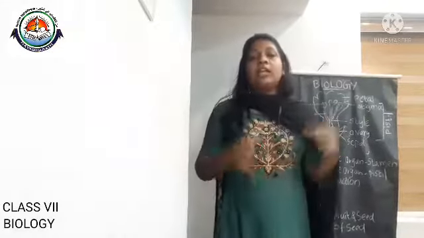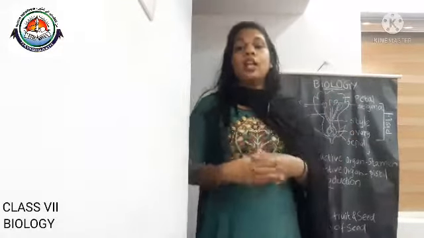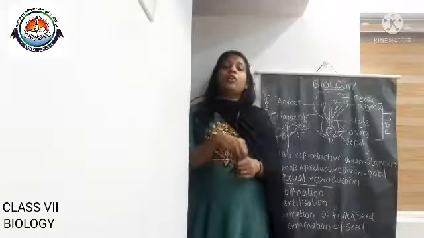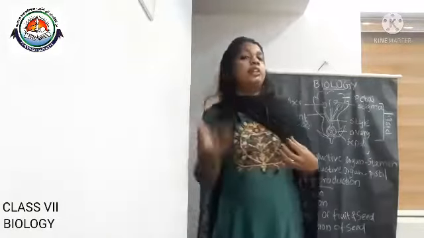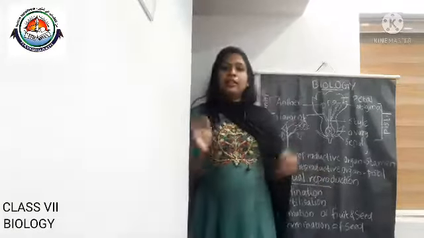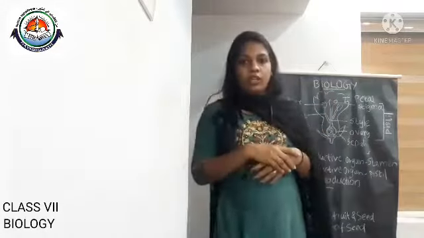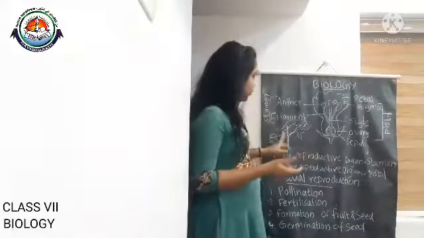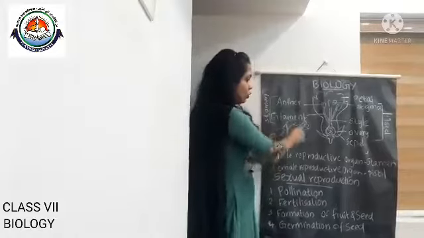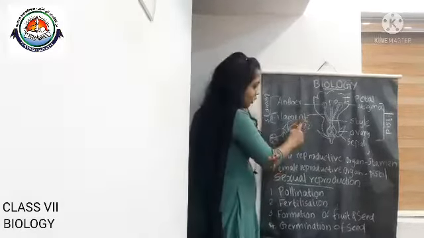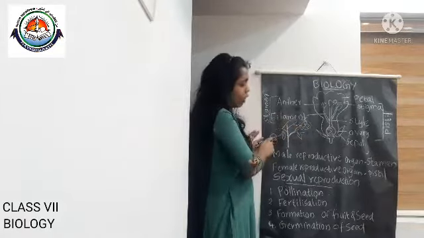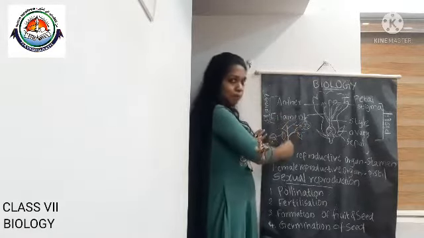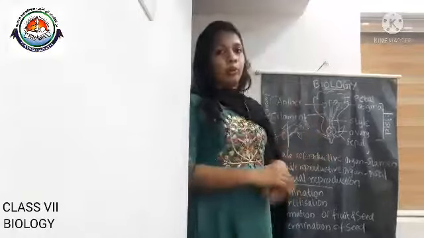Self-pollination means if the pollination occurs within the same flower of the same plant, or in another flower of the same plant, that is called self-pollination. I will explain it. If this is a plant and it contains two flowers, from this flower the pollen grains are transferred to the stigma of this flower on the same plant. It is also self-pollination.